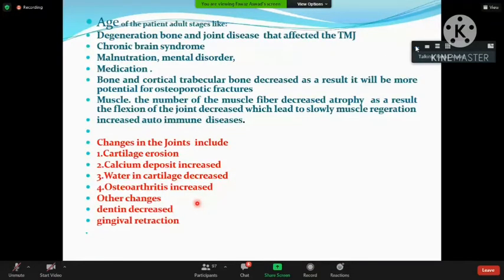Also, we concentrated during history taking on the fact that age is very important.